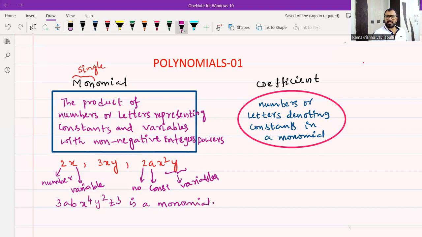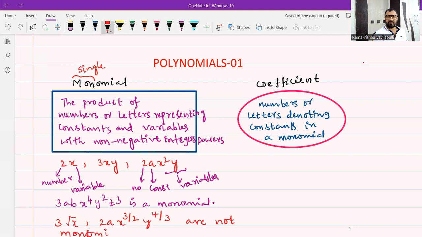So I'll give you an example which is not at all a monomial. 3 root x. So here the power of x is not an integer. 2a x to the power of 3 by 2, y to the power of 4 by 3 are not monomials. Why are they not monomials?